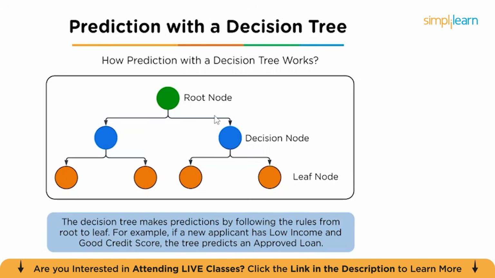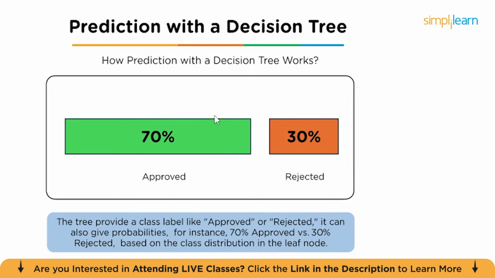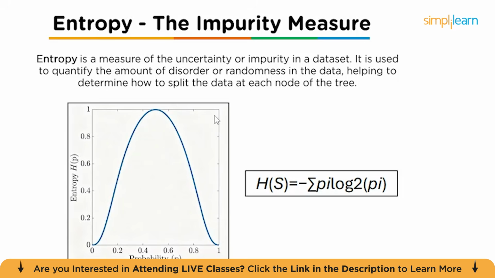So every particular path leads to a final decision. Whenever we give a certain set of inputs, it follows the decision making process and tries to reach one of the leaf nodes, and whichever leaf node it reaches becomes the final answer. So same example, 70% approved.